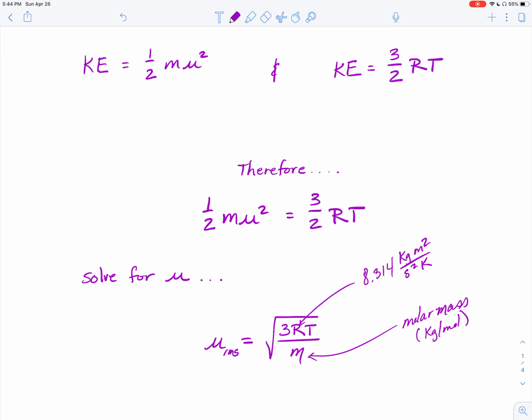And so this is a different unit used for the universal gas constant R, but it ends up giving us the same value of 8.314. And so this will be the only time that you use this particular R gas constant.